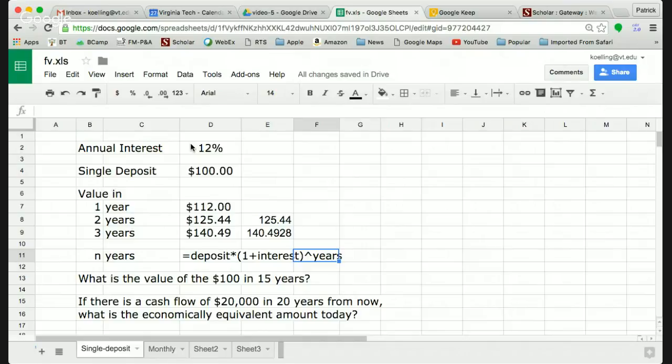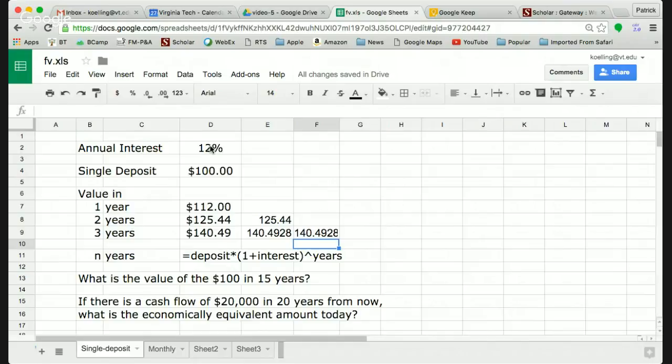For our last value here, let's just apply that equation. This would equal the initial deposit times 1 plus the interest rate cubed, or 140.49. Very nice.